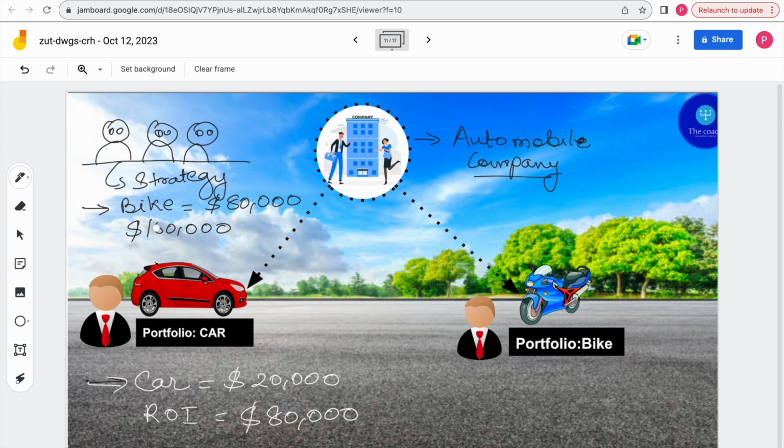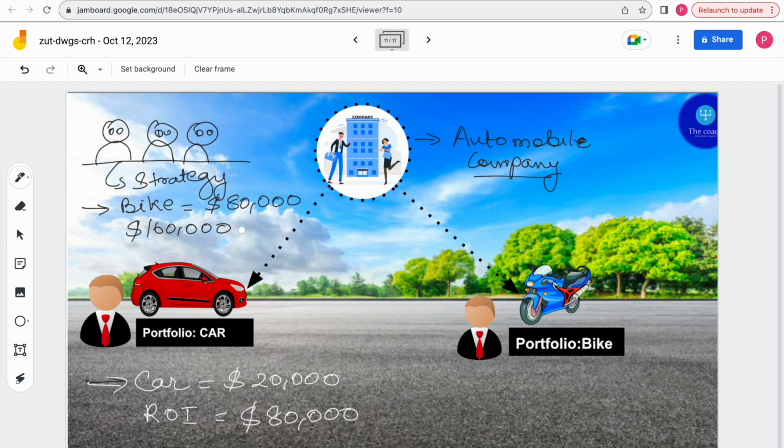So this is the strategy. They have made business goals, and the strategy is that they are going to hold the production of cars, and maybe they are doing research on new car models, and after this they are going to launch them. So right now the current strategy is this, and the current sales target is this.